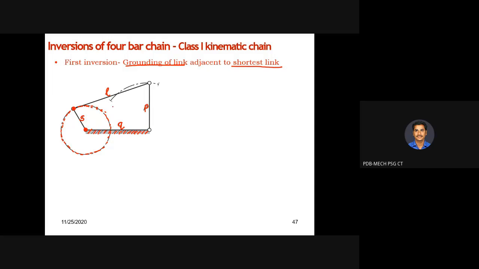P is going to be your output link, making a rocking action. This is the path traced by P. L is going to act like a coupler. As I showed in the demonstration, this mechanism belongs to the first inversion: grounding of the link which is adjacent to the shortest link.